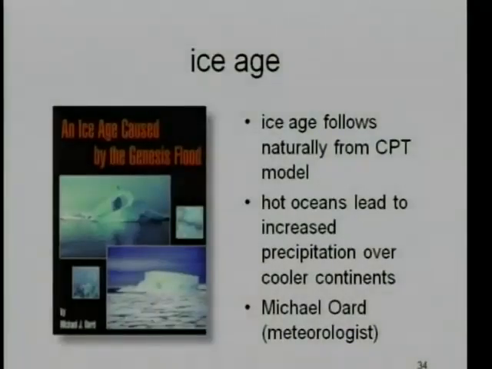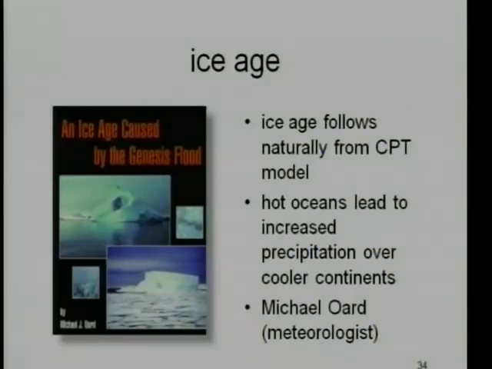After the flood, there's a lot of other catastrophism going on. An ice age naturally flows on from this model. Bizarrely, a hot ocean will create an ice age. The reason for this is that you get increased evaporation and more precipitation at high latitudes, which will then come down as snow.